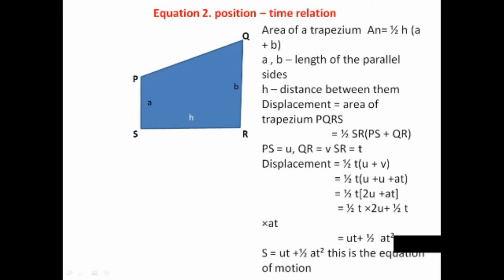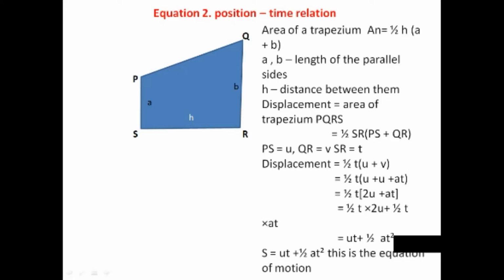So SR is equal to H, the distance between the two parallel sides. Now we know that the area is half H into A plus B, where H is the distance between the parallel sides, A is the height of PS and B is the height of QR.